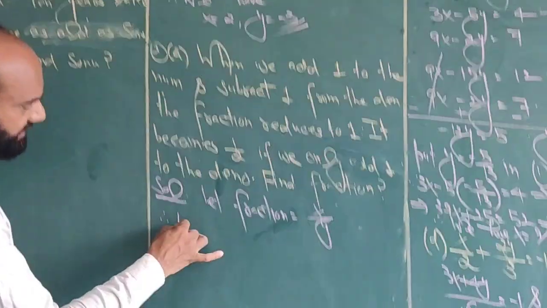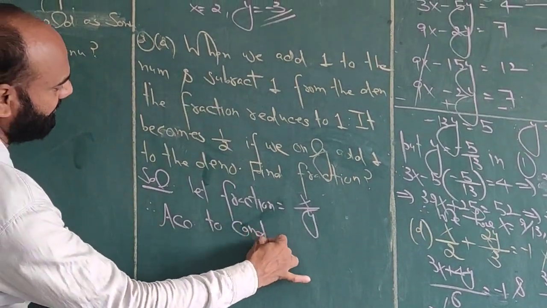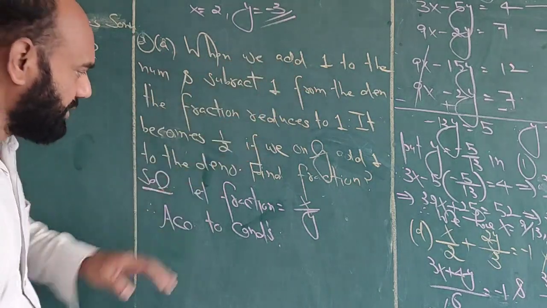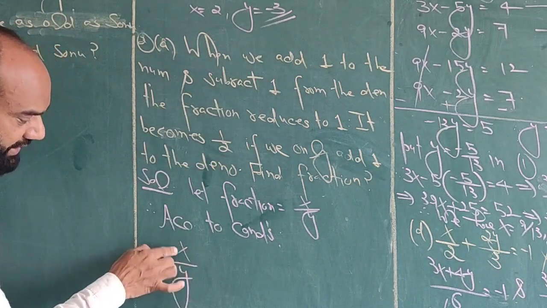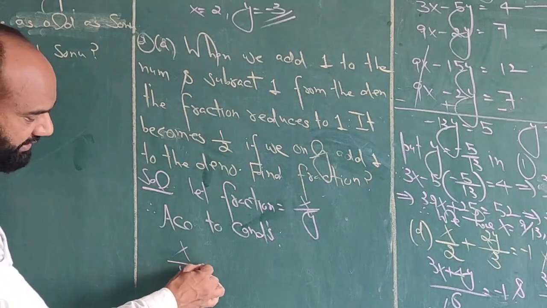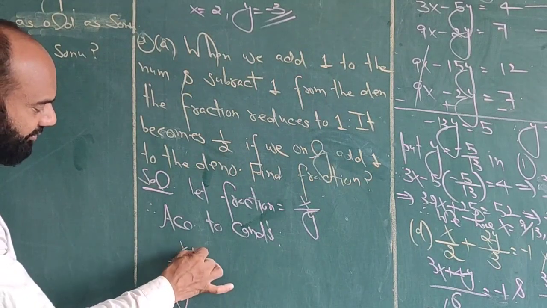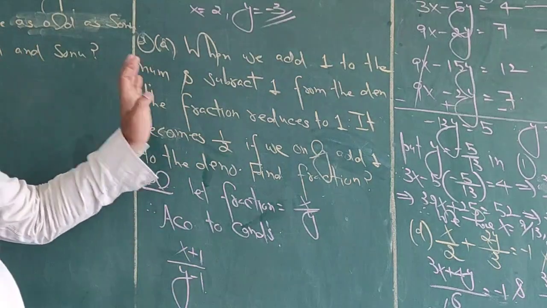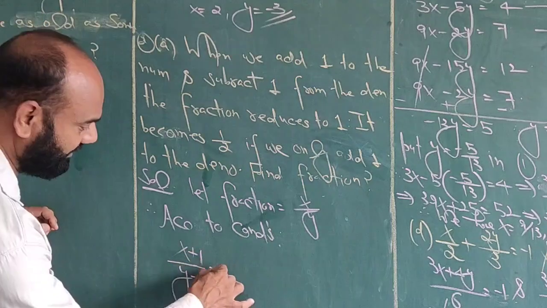Therefore, according to the conditions, the first condition is: when we add 1 to the numerator, this is the fraction, this is the numerator, and this is the denominator. When 1 is added to the numerator and 1 is subtracted from the denominator, then the fraction changes to 1.